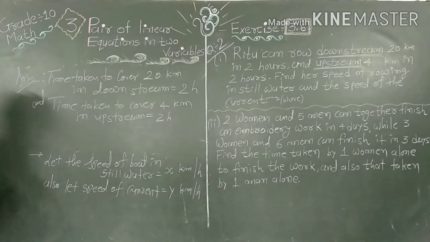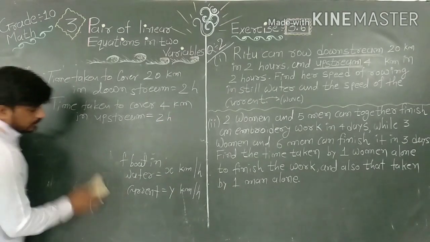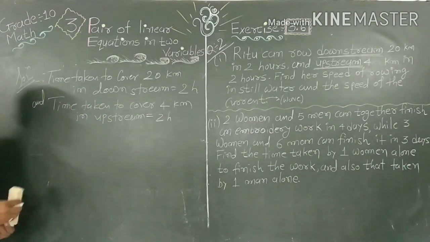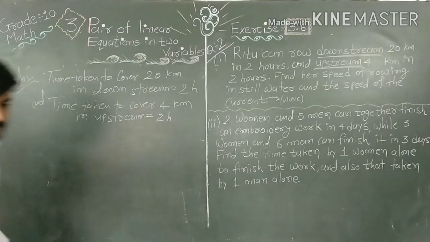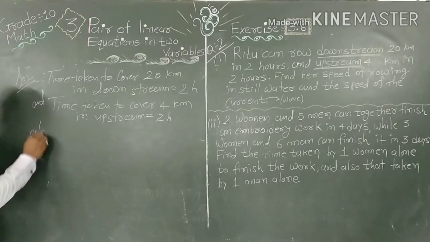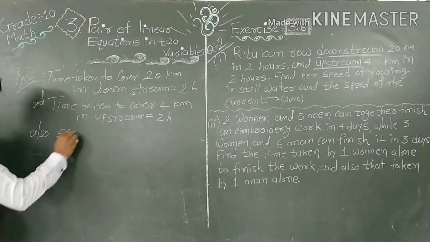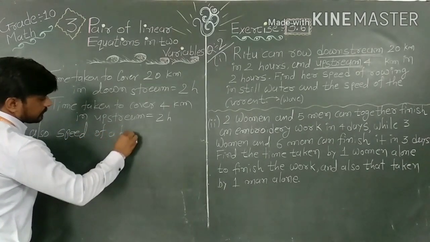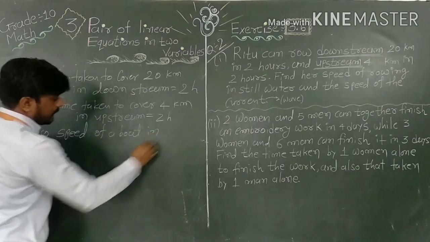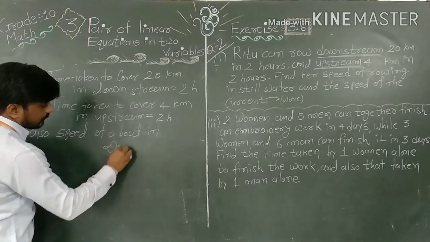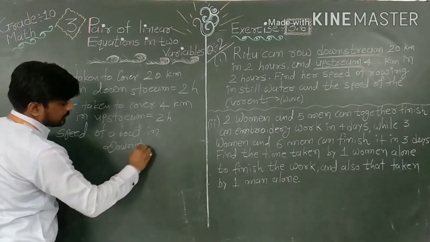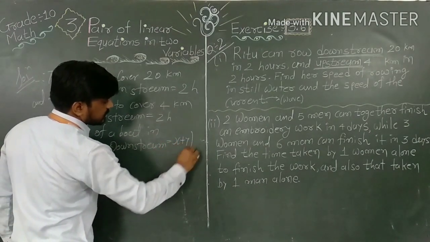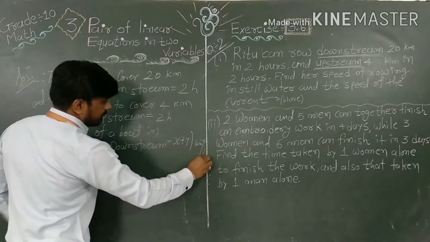Now I write the speed of the boat in downstream. The speed of the boat in downstream is equal to x plus y kilometer per hour.